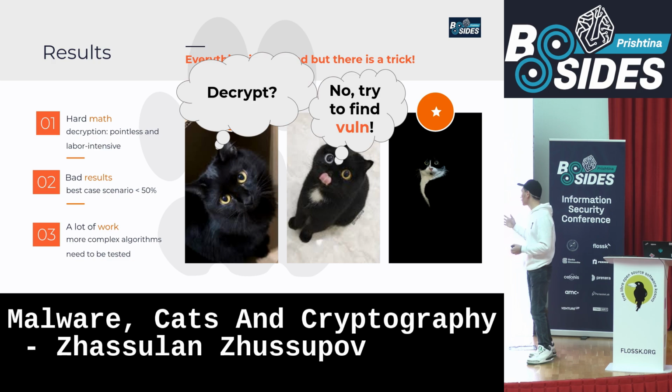I just want to say, instead of decrypting too-hard mathematical algorithms, which in some cases is impossible with your resources, try to find vulnerabilities in the ransomware architecture. Because ransomware is also an application, and like any application it is written by people, and sometimes by stupid hackers. So try to find this.